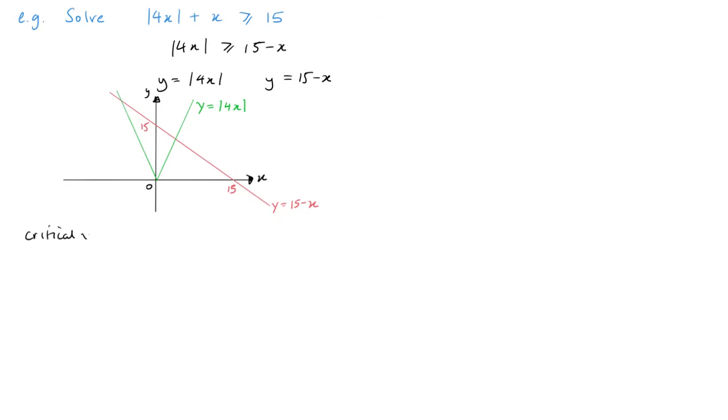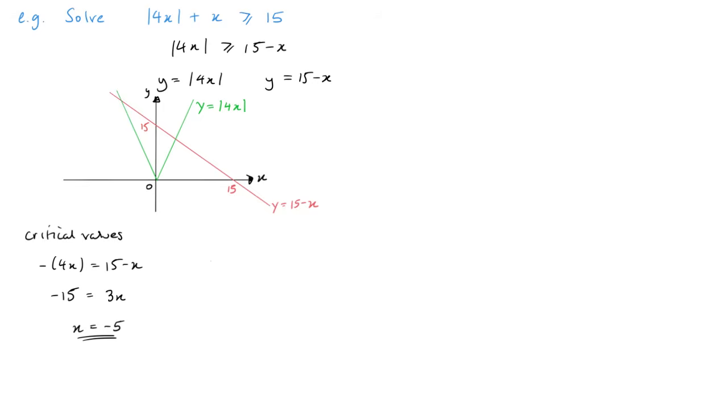So, critical values. Now, this one is going to be created by the modulus sign's effect on my graph. So for this one, it's going to be minus 4x equaling 15 minus x. If I take the minus 4x over to the other side, I get 3x equals minus 15, so x equals negative 5.